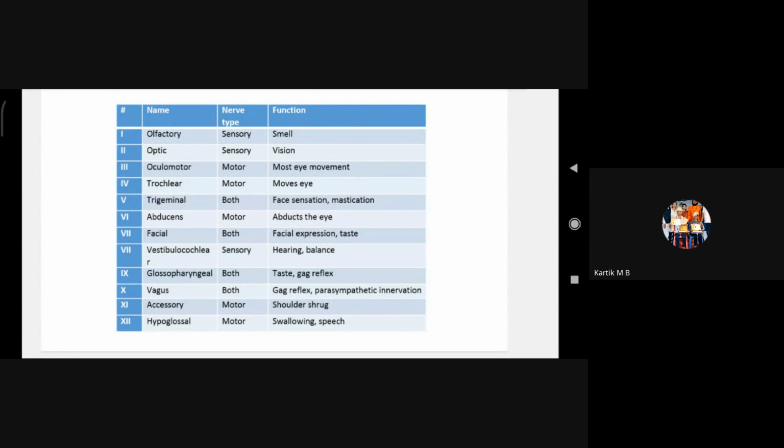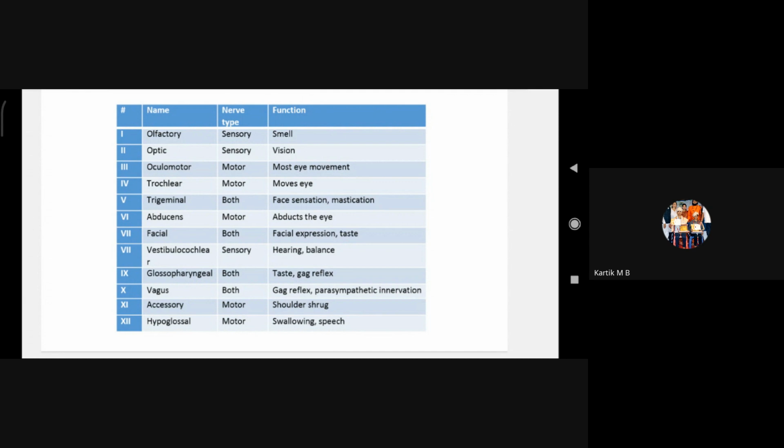Some say marry money, but my brother says big brains matter most. S is for sensory, M for motor, and B for both, right?